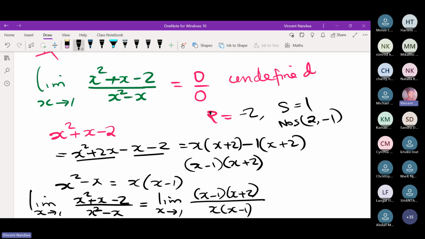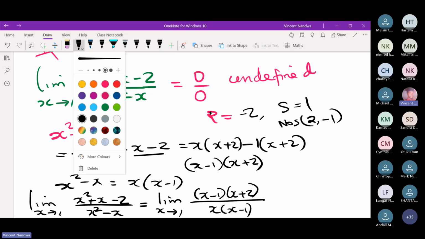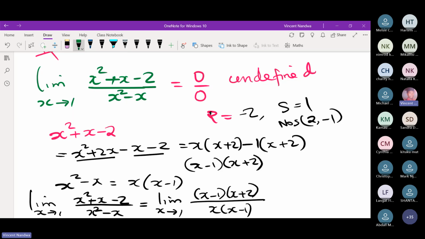The factorization produces a common factor of x minus 1, so we have the limit as x approaches 1 of x plus 2 divided by x.